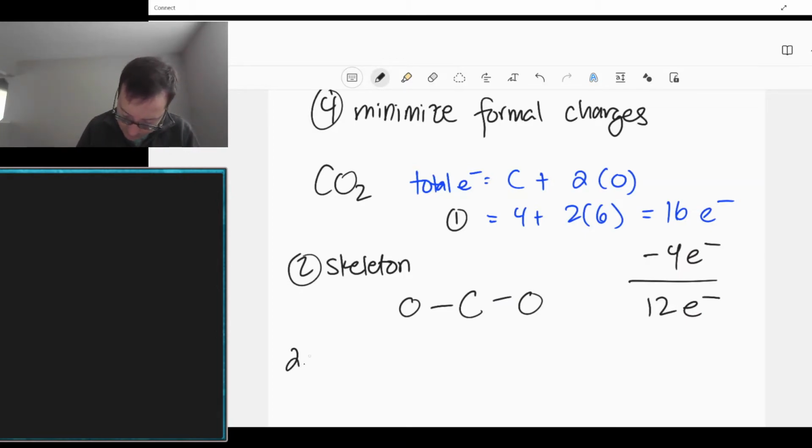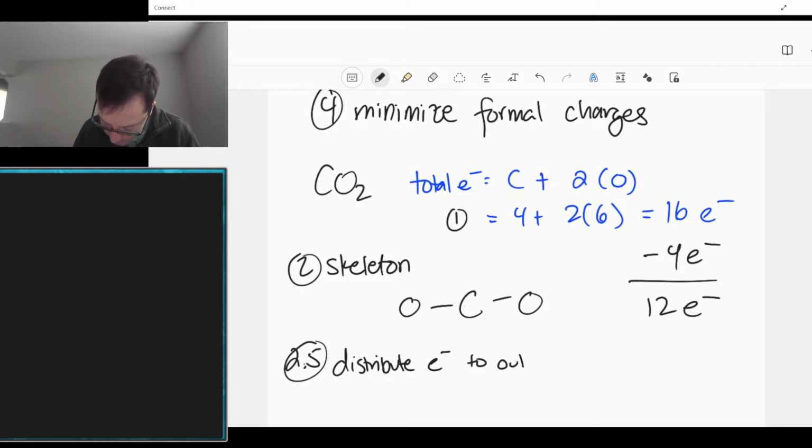So 2.5, as these are arbitrarily numbered, I can do whatever I want. Step 2.5 is now we're going to distribute electrons to outer atoms, and then to the central atom.